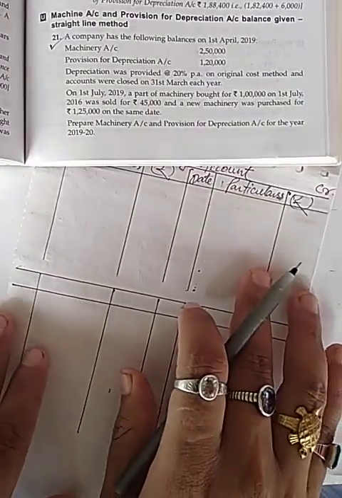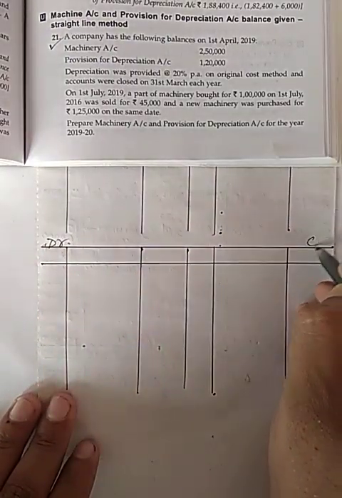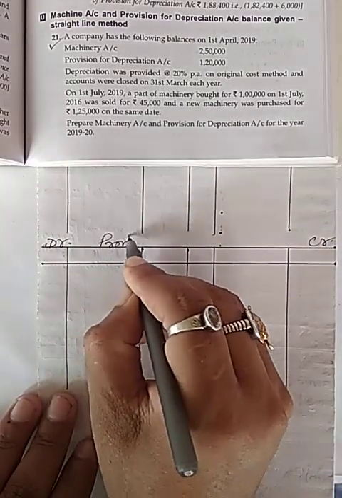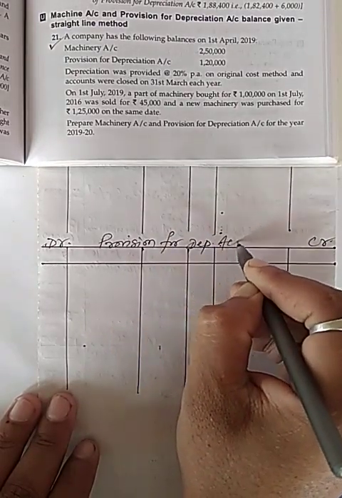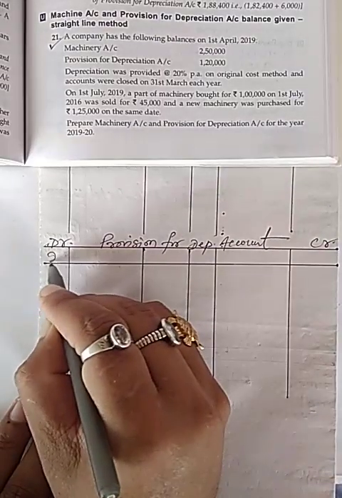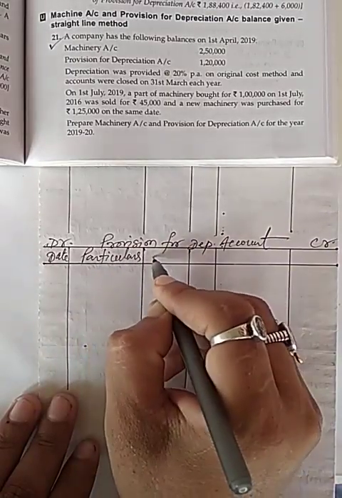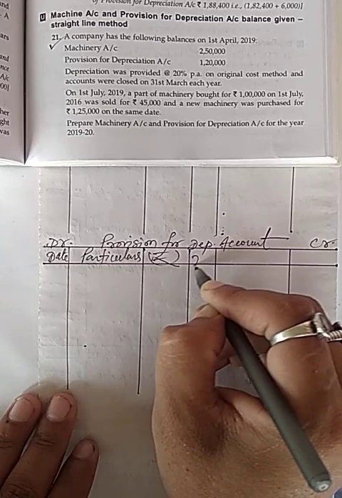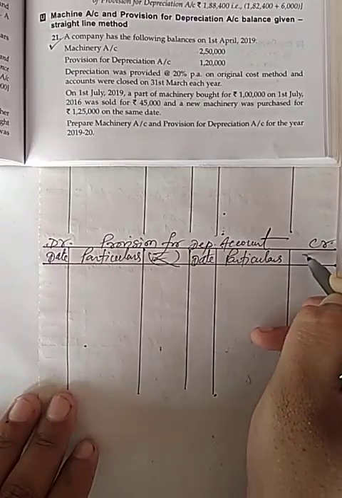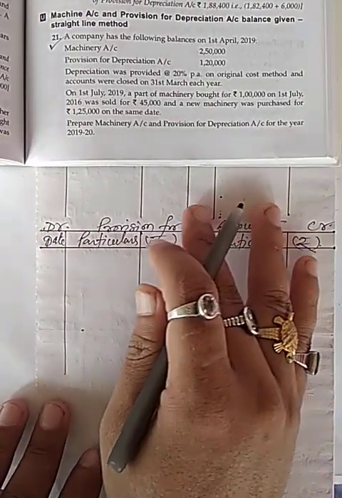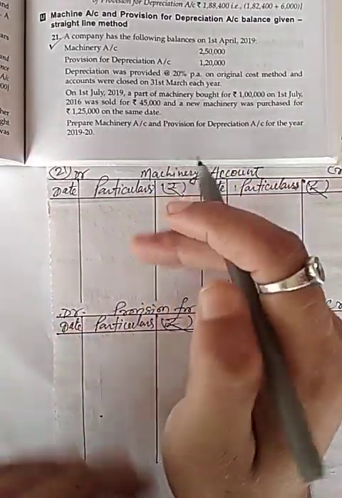And this is provision for depreciation account, DR side and CR side: date, particulars, rupees, date, particulars, rupees.